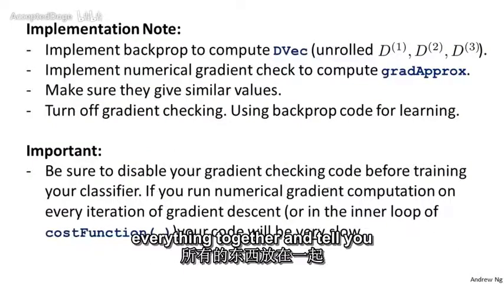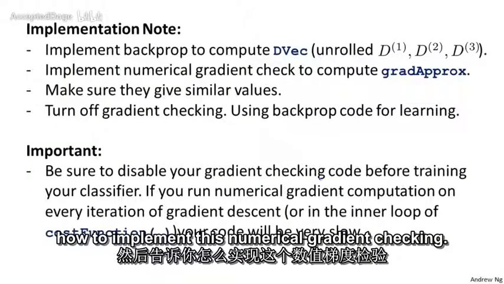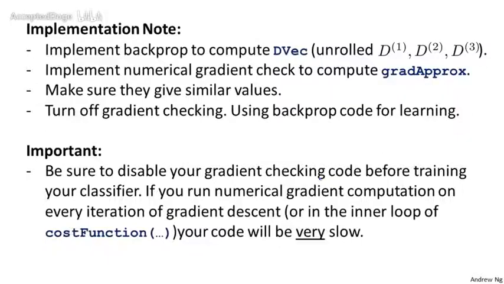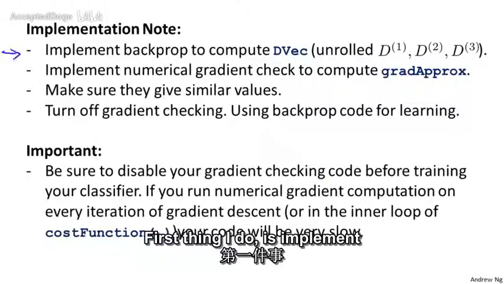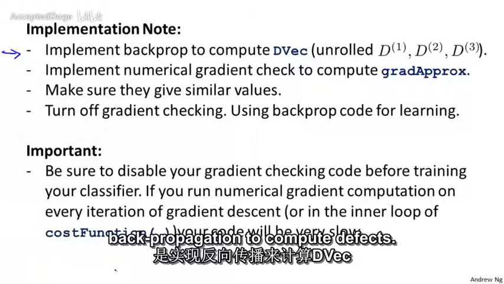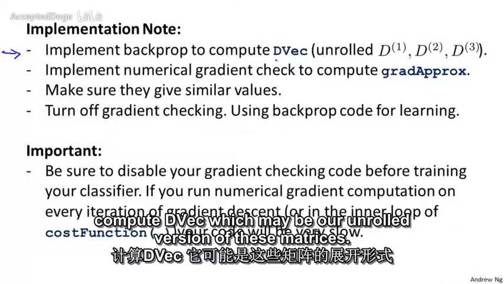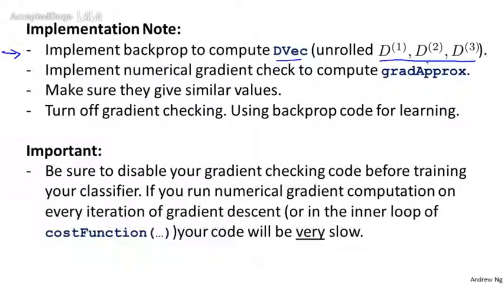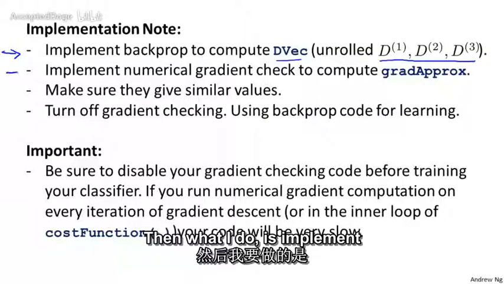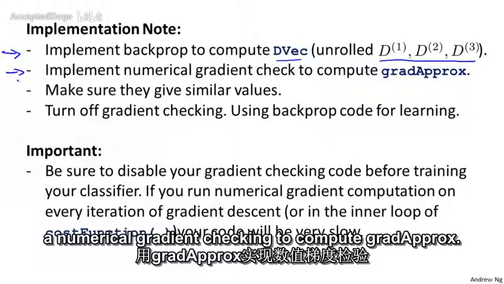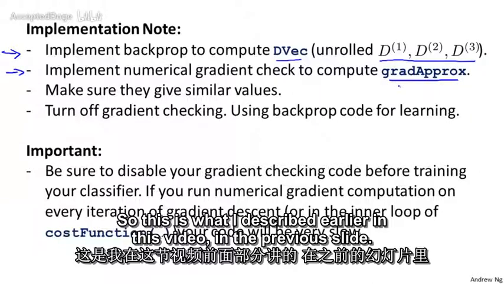Finally, I want to put everything together and tell you how to implement this numerical gradient checking. Here's what I usually do. First thing I do is implement backpropagation to compute DVec. So this is a procedure we talked about in the earlier video to compute DVec, which may be our unrolled version of these matrices. Then what I do is implement numerical gradient checking to compute gradApprox. So this was what I described earlier in this video.